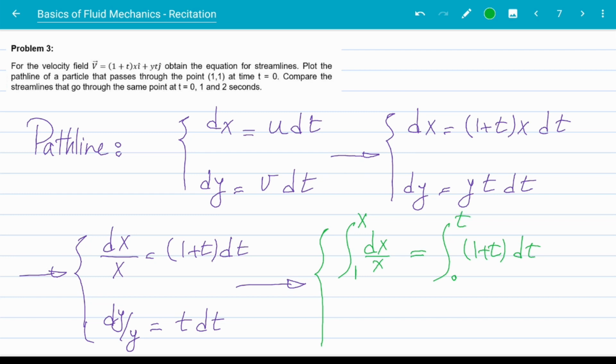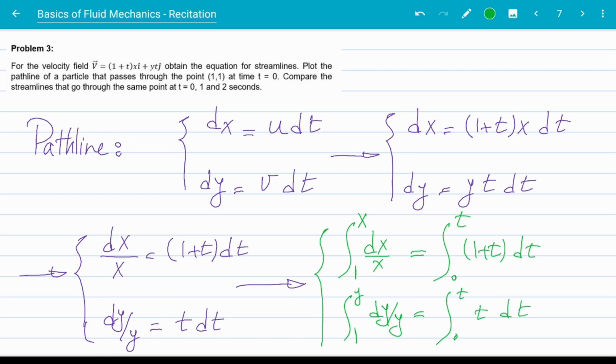The same goes for the y component. I can say integral of dy over y from the initial position of this particle, which was again at point 1, 1, to its current location y, is equal to the integral from 0 to t of t dt.